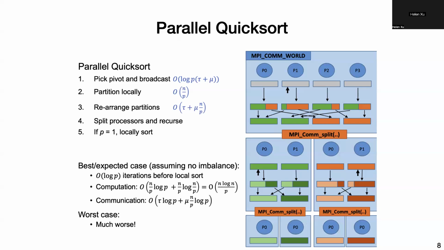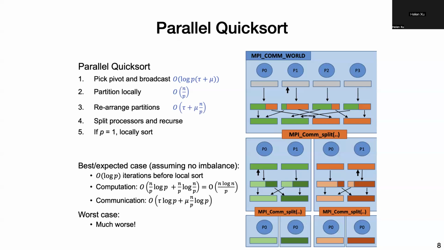So you pick one pivot, and everybody has some elements to the right of the pivot and some elements to the left. Here, orange is on the right, green is on the left, and we're going to put green elements on the lower half of the processors and orange elements on the higher half of the processors, like this. Then you split the processors, and you continue to recurse.